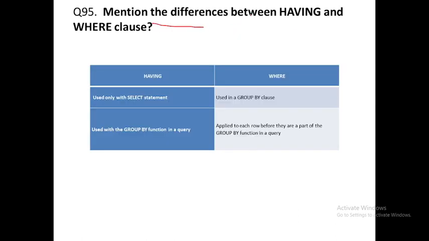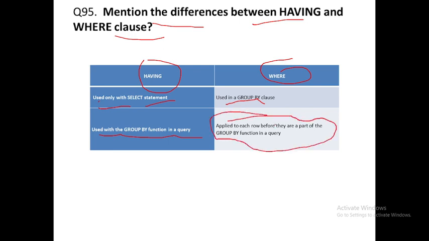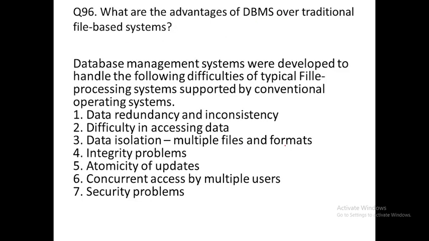Mention the difference between having and where clause. The having clause is used only with the select statement, along with the group by clause. The where clause is applied to each row before they become part of the group by functions in a query.